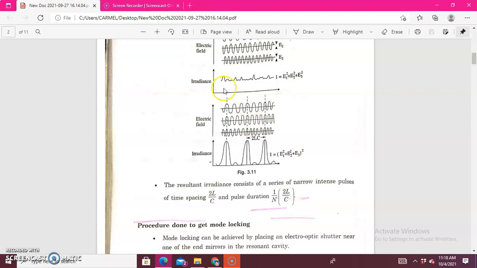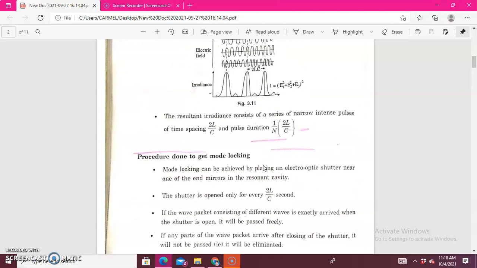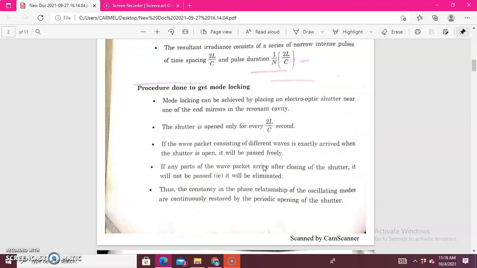How can we achieve this particular mode locking? What is the procedure we have to follow? This can be achieved by placing an optical shutter near the end mirror, because we have two end mirrors, and between them we have a cavity with the active medium. Which active medium are we going to choose? Either a solid state laser or a gas laser.